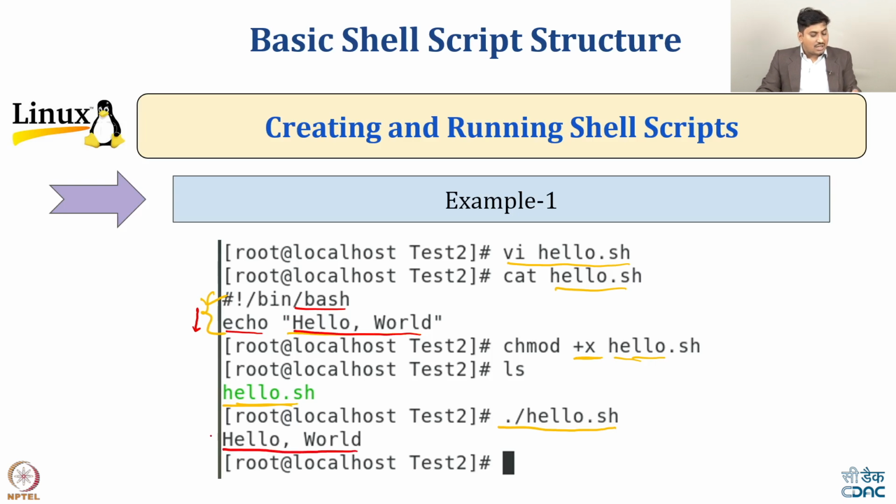So you can see that this is the output this script has printed. In this way one can create a script, put a series of commands into that script, and execute it.